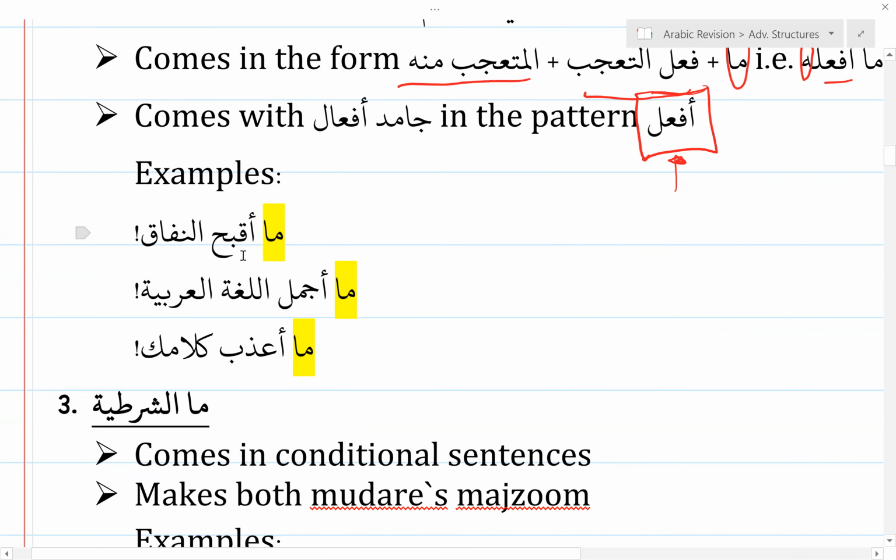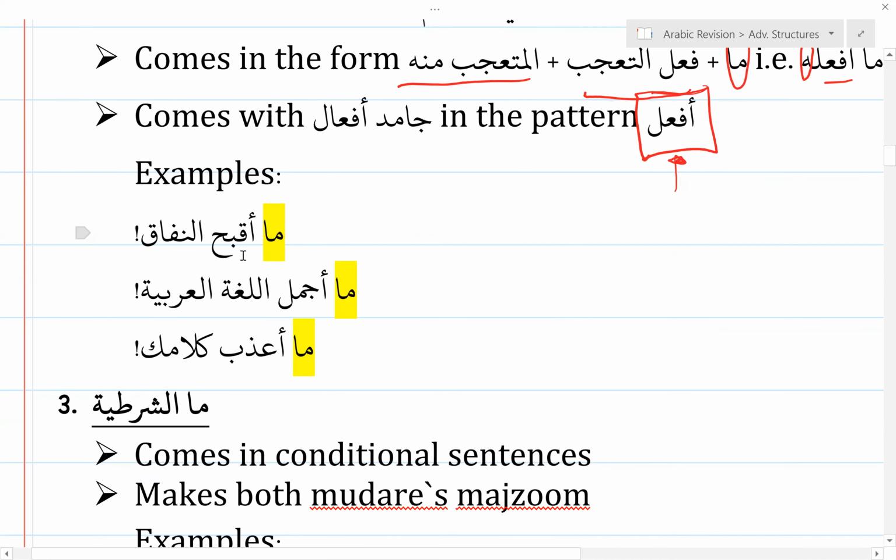So you see this ma doesn't really require something else to complete it. Or if I said ma ajmal al-lughat al-arabiyya, how beautiful the Arabic language is. How amazing the Arabic language is. I'm trying to just make it big in your mind, so that you can understand this ma.